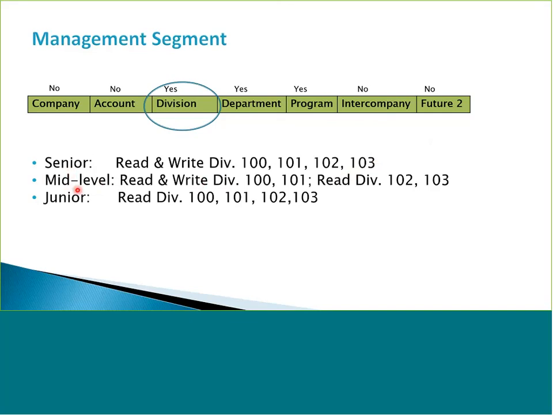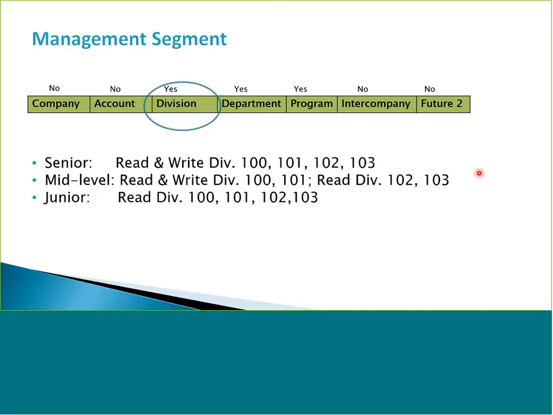We are going to do the same for this mid-level. We create a data access set. However, in that particular one, we will show that we want this data access set to only grant read and write access to division 100 and 101, but only read access to division 102 and 103. Once we have created that data access set, we assign it to a responsibility, which we may have to create as a new responsibility.